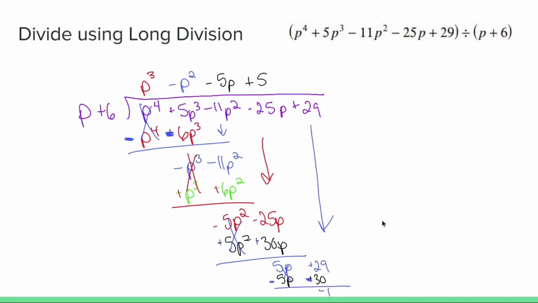So I don't like to say remainder negative 1. I like to say negative 1 over p plus 6. Whatever your remainder is, it's going to be plus that number, or in this case minus that number because it's a minus sign, over the factor. So our answer is going to be this one up here. Yeah, look at that. Isn't that nice?